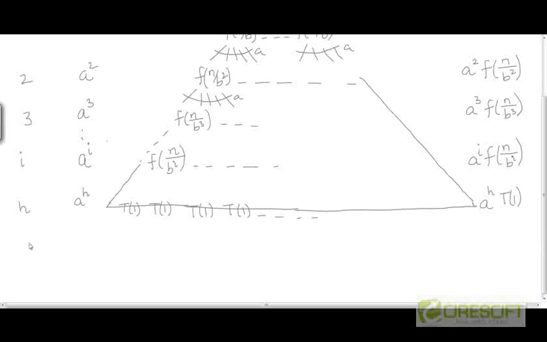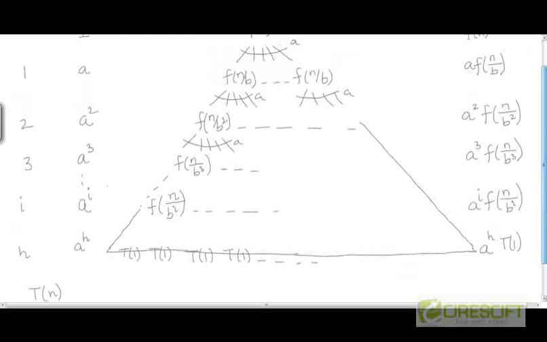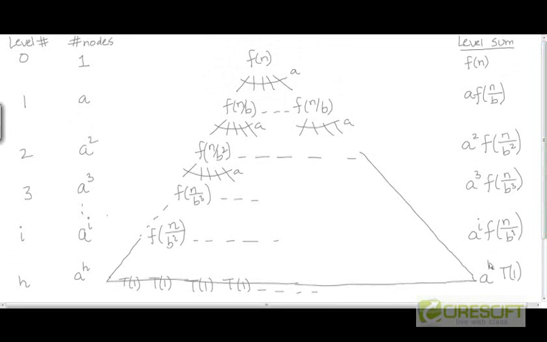So we can express the running time T of n as the sum of all these level sums.